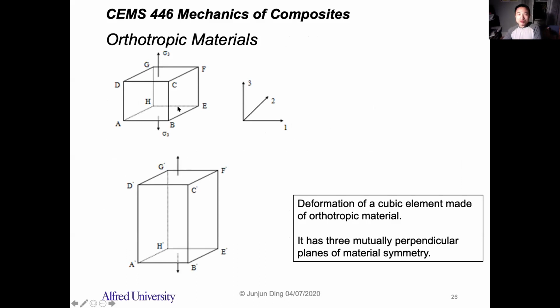Orthotropic materials have 3 material symmetry axes, and the material will have the same properties between those symmetries, right?